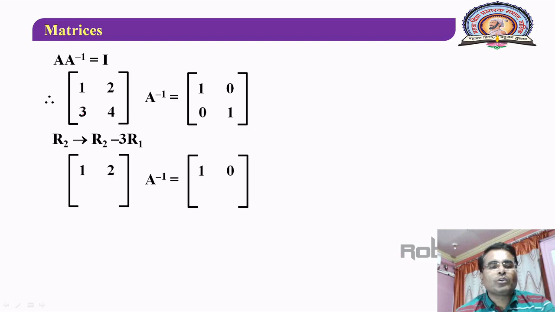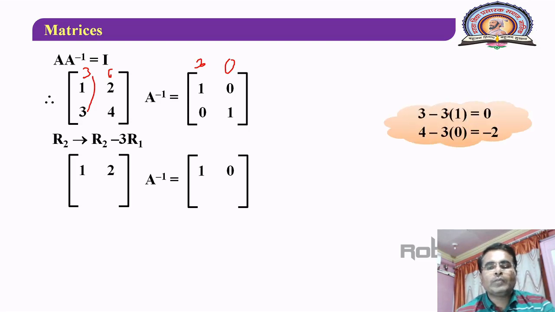There is a change in the second row only. Here if you multiply by 3 you will get 3, here you will get 6. Similarly here temporarily you will get 3, and here you will get 0 into 3, that is 0. Those elements we have to subtract here. So 3 minus 3, it is 0, isn't it? 3 minus 3 into 1, that is 0. Similarly 4 minus 3 into, actually here it is 2, not 0. 4 minus 3 into 2, that is 4 minus 6, it is minus 2.